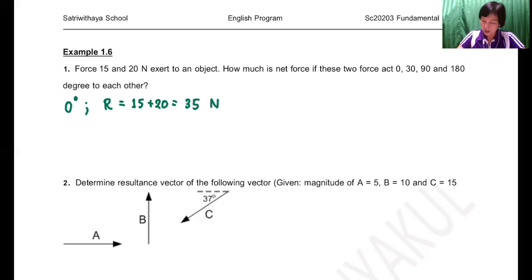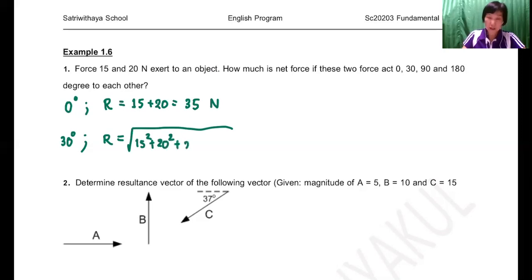When the angle between them is 30 degrees, we just use the equation that I just gave you: square root of 15 squared plus 20 squared plus 2 times 15 times 20 times cos 30.